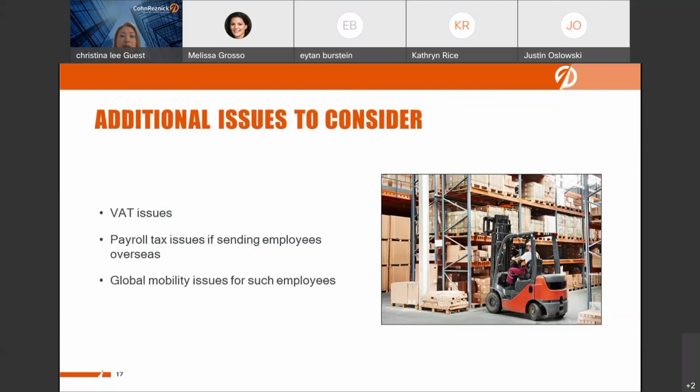And on the flip side, there would also be issues for that employee that is working overseas on their personal taxes and reporting, whether they have to be subject to tax in the foreign jurisdiction or the information that has to be reported with their US income tax return.